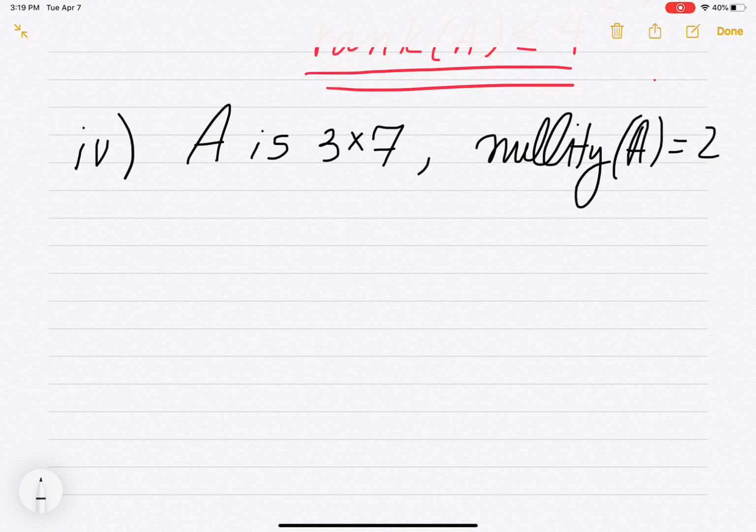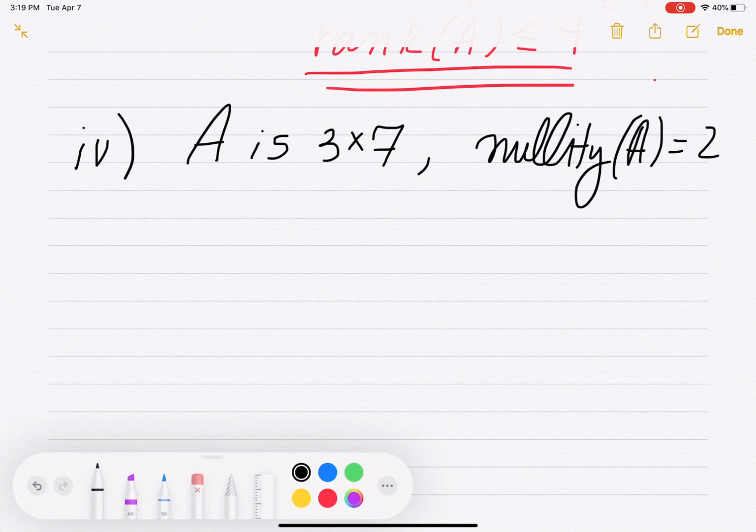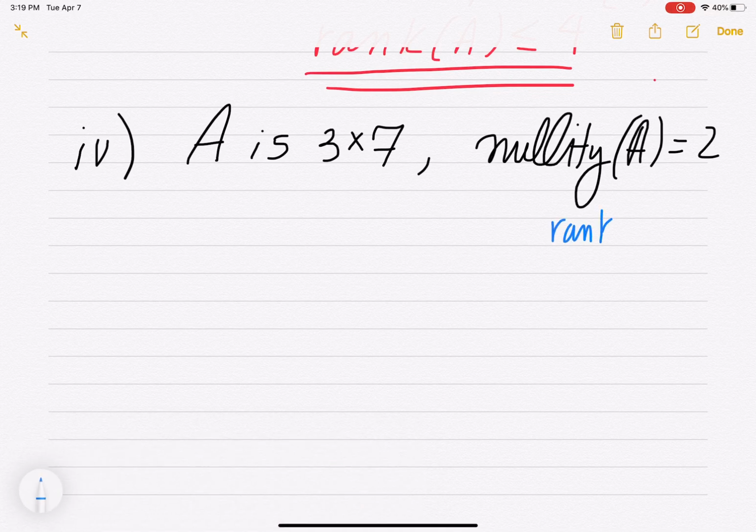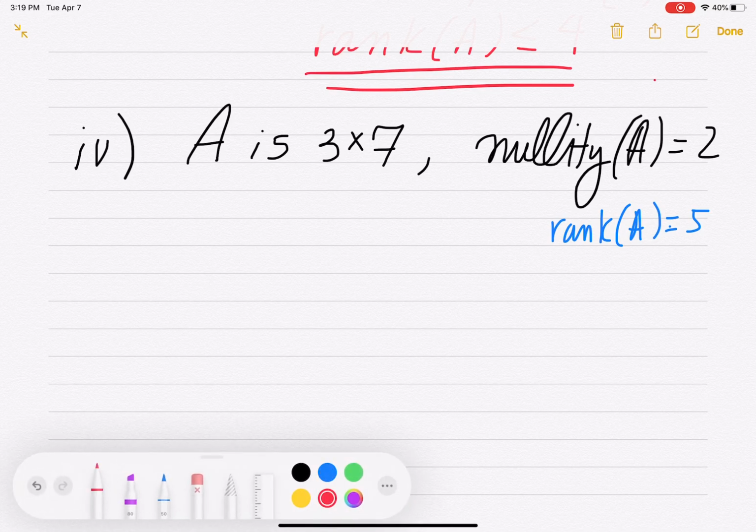So you want a 3-row, 7-column matrix with 2 non-pivot columns. That would mean you would have to have 5 pivot columns, so the rank would have to be 5. Why would the rank have to be 5? Well, 5 plus 2 would have to add up to give you 7. So it's not possible to have that situation. So it's impossible.